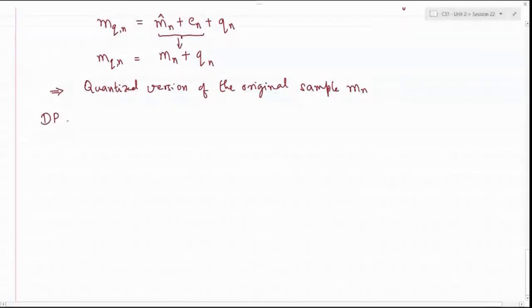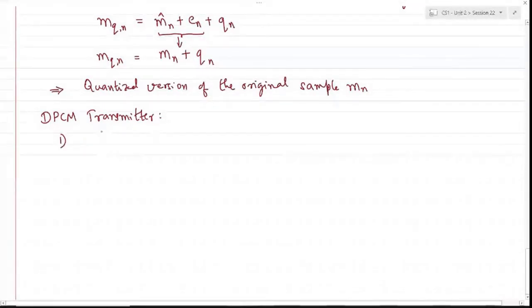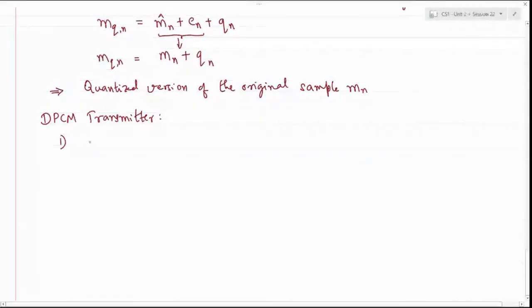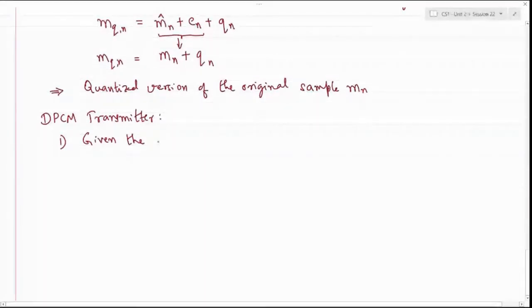So the summary about this process is that the DPCM transmitter actually works in three iterative steps. This stepwise view will be easy to understand and complements the block diagram above.